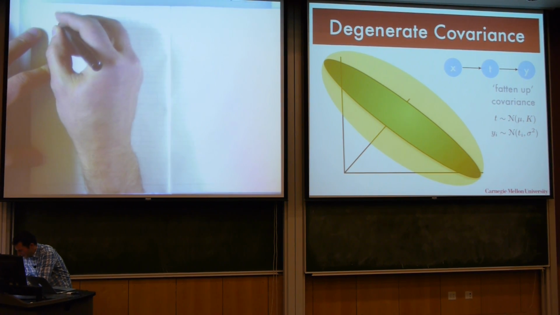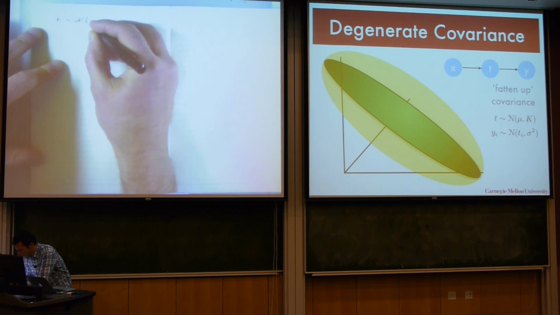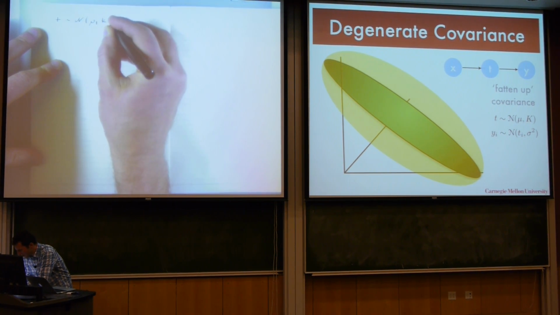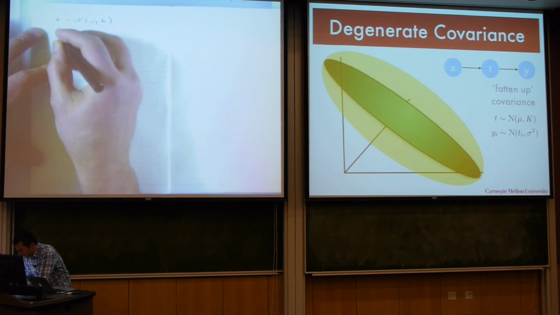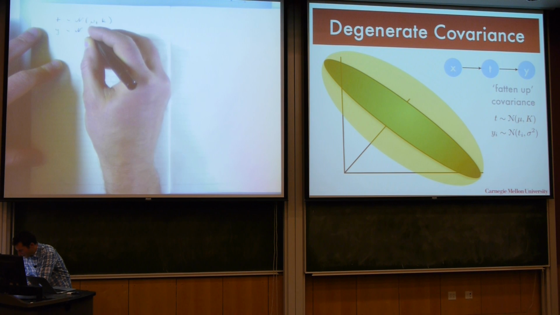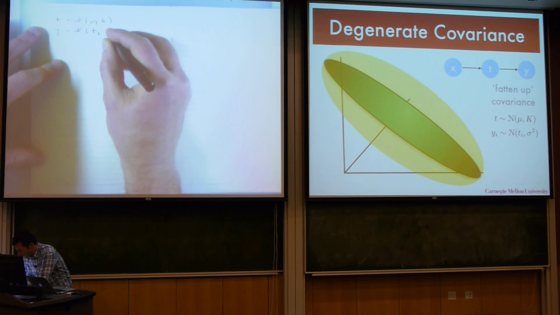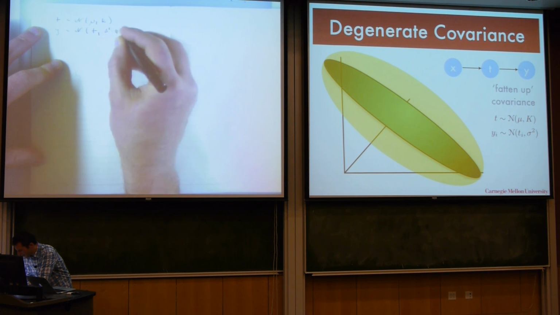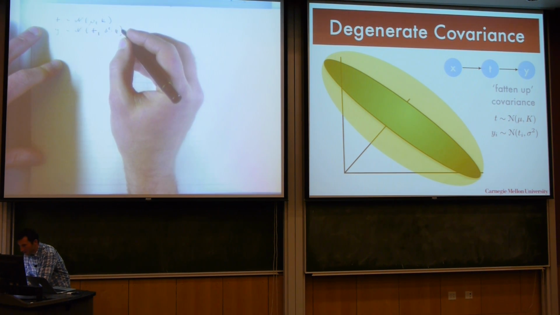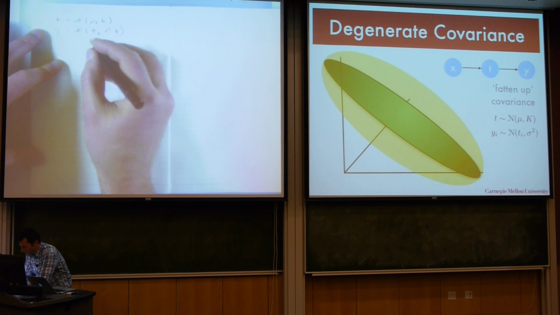So remember, we have t drawn from a normal distribution with some mean mu and covariance matrix K. And then we have y drawn from a normal distribution with mean t and covariance matrix sigma squared times the identity. Okay. Now, in that case, let's work out what the distribution for the y's is.